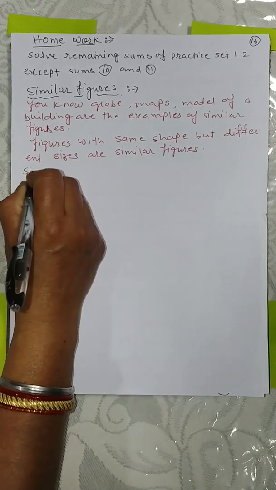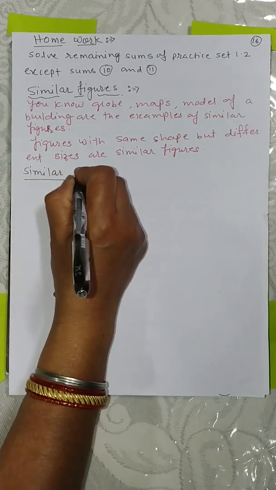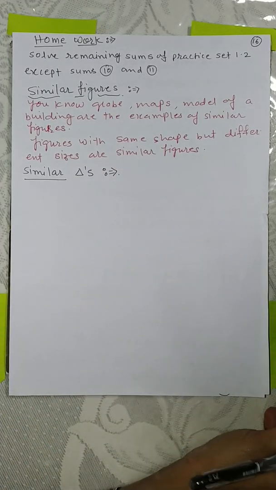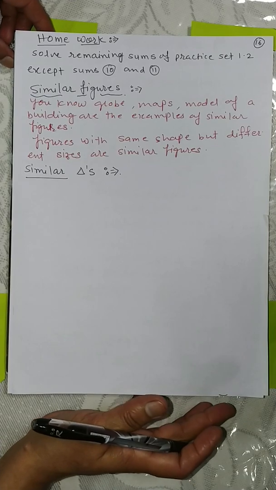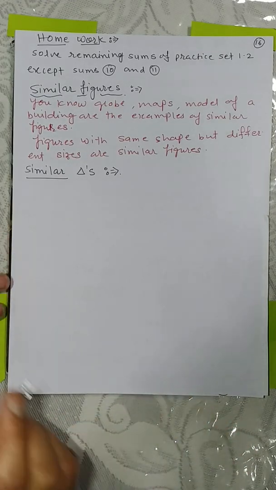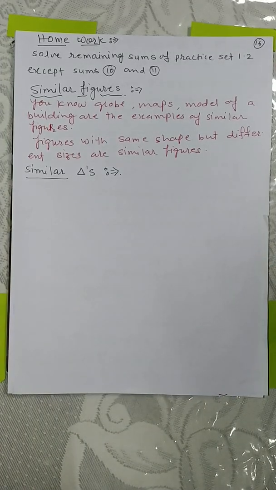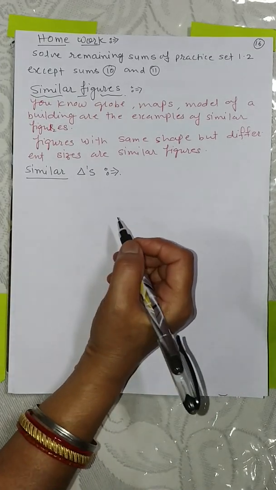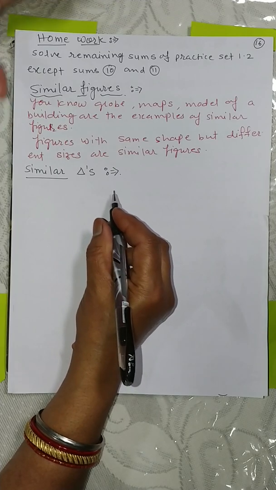Now we see similar triangles. Now for congruent triangles or similar triangles, the one-to-one correspondence between the vertices of two triangles is necessary.